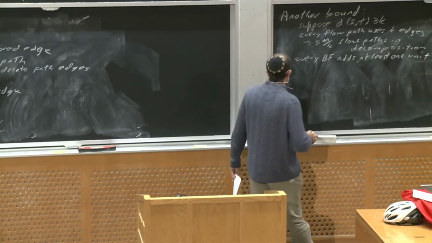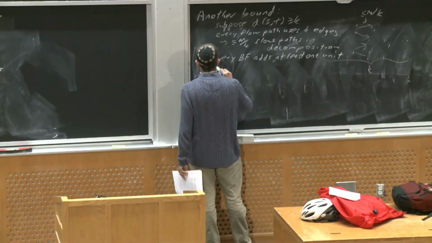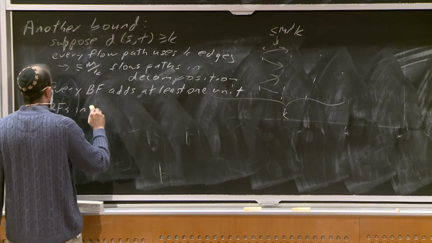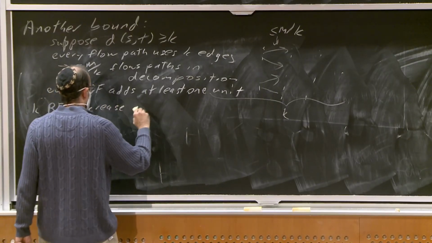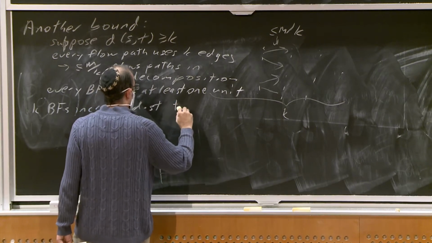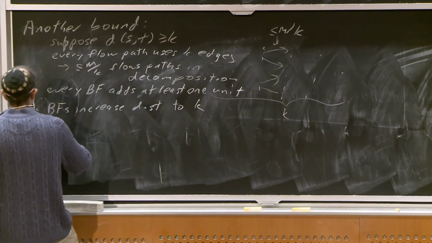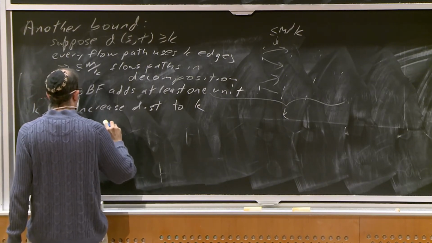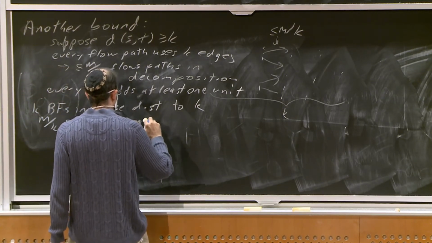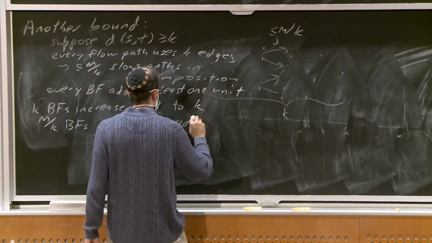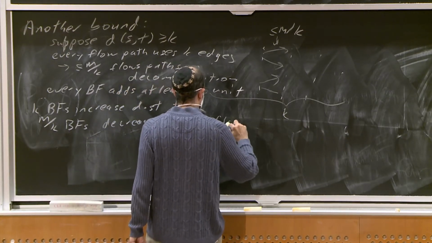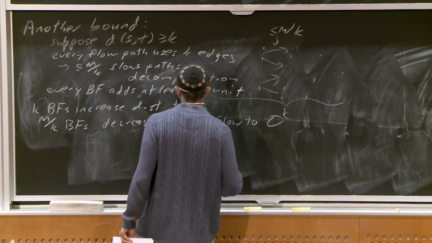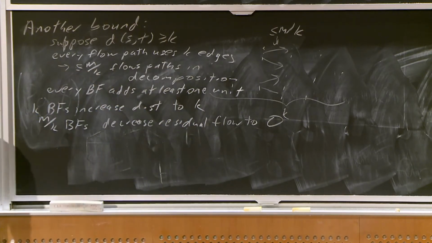Right? So k blocking flows increase the distance to k. And after that, m over k more blocking flows decrease the residual flow to 0. And so we're done.